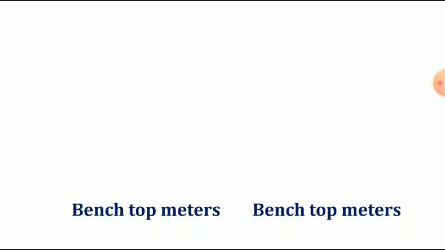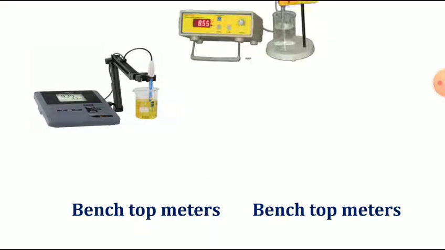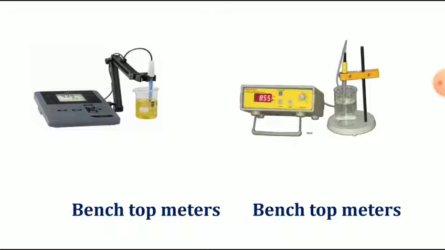Now the third type will be the benchtop meters. See, both these figures will be the benchtop meters. The second figure or diagram or picture is this type of pH meter we are using in our laboratory. Okay. See the display unit; in the beaker, they have kept the solution and are immersing the combined glass electrode into that solution.